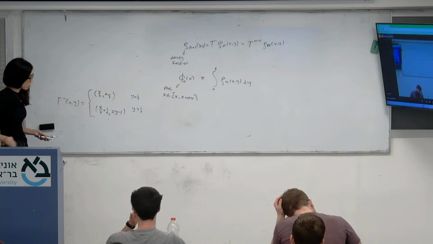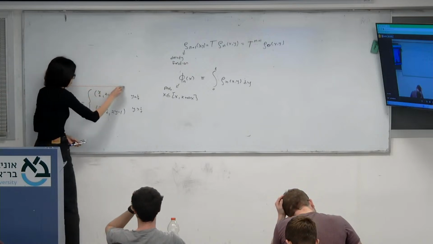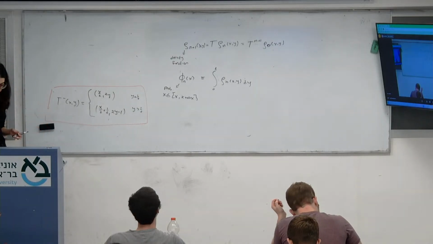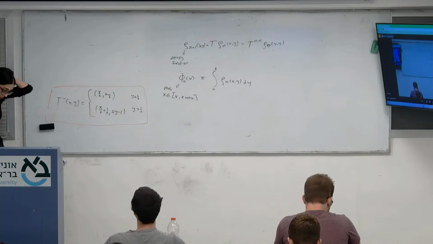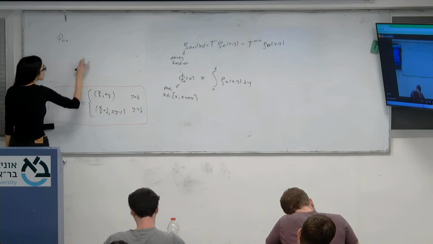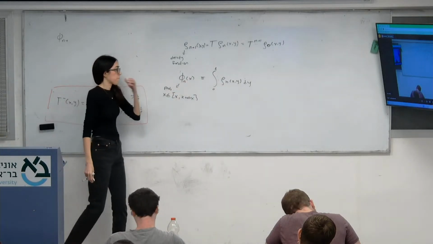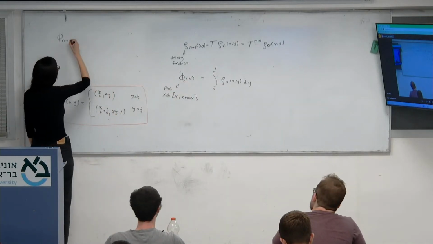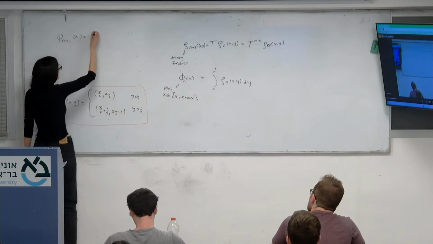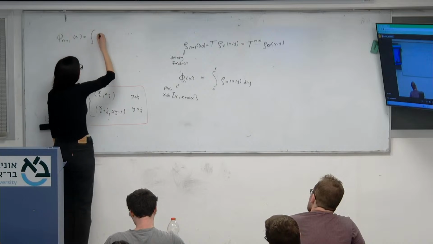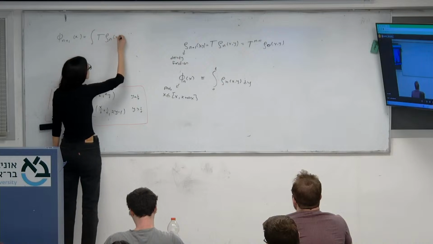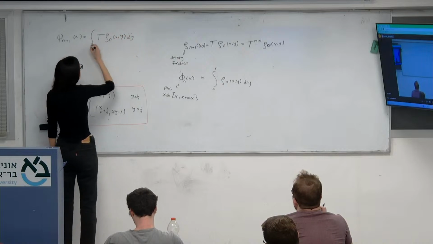So the time evolution of this probability density function is the integral of T acting on rho n dy.